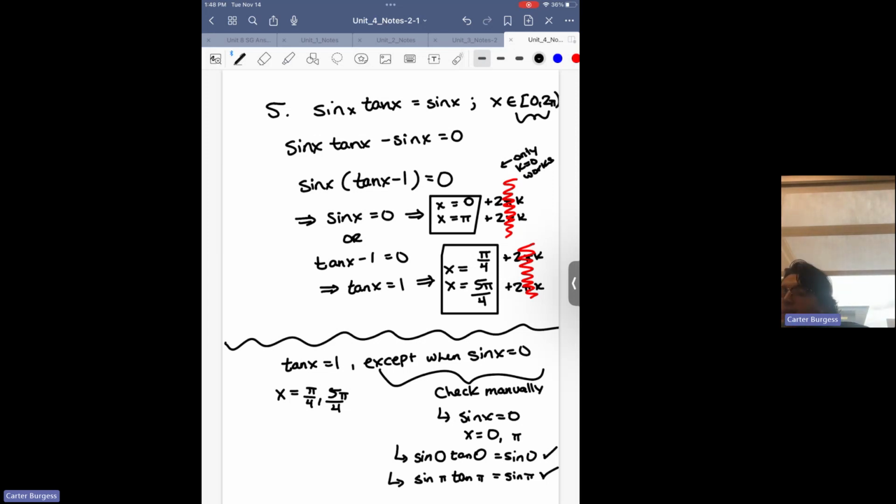We did not have to do that. We could have approached this problem like we did at the top. But if you are going to, you need to keep in mind the possibility that you are missing solutions from the zeros of the function that you're dividing. Good question. Other questions with example 5 here?